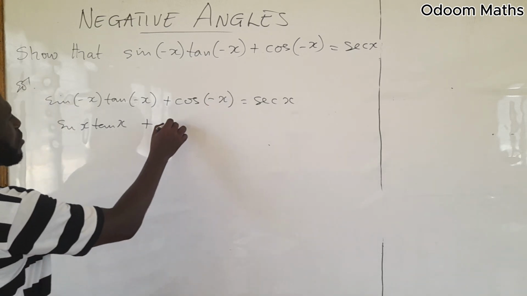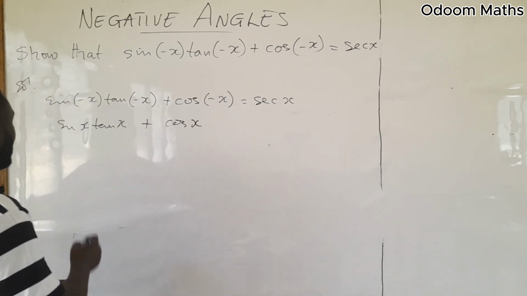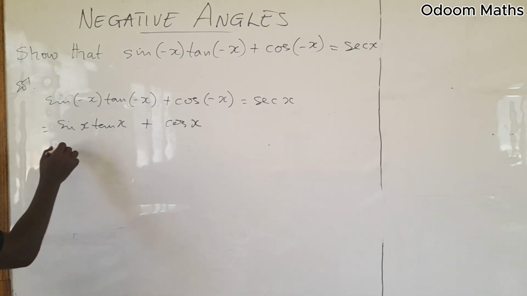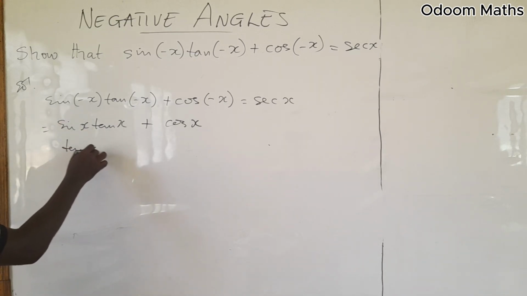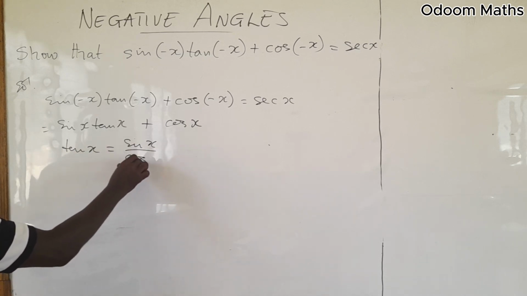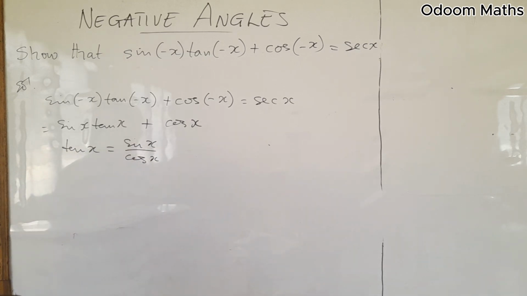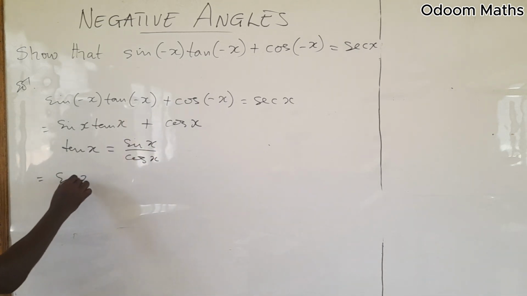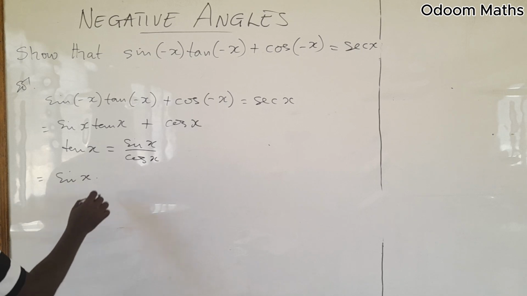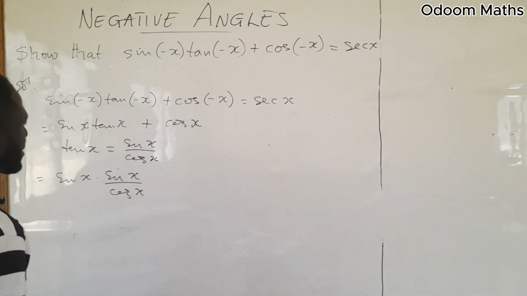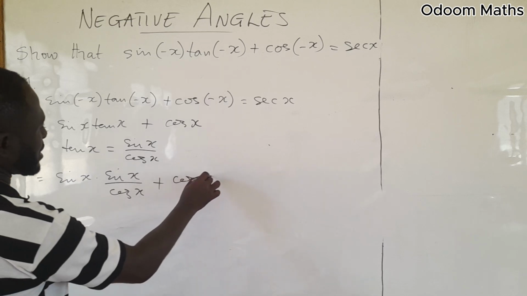From here we know that tan x is equal to sine x over cos x, so we can put this here: sine x times sine x over cos x plus cos x.